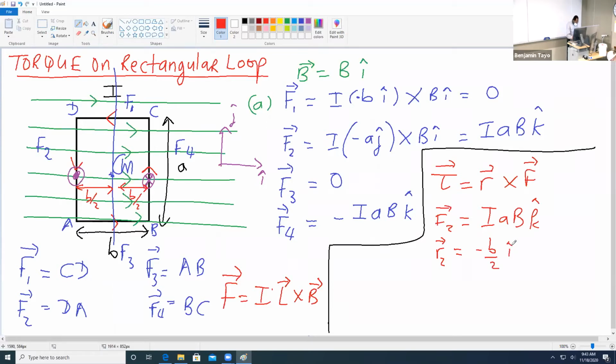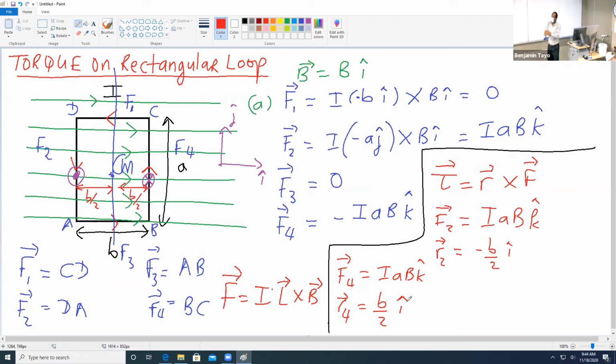And then my F4 is equal to IAB K hat, and my R4 is equal to B over 2 I hat. So R2 is a position vector from the force to the center of mass, right?